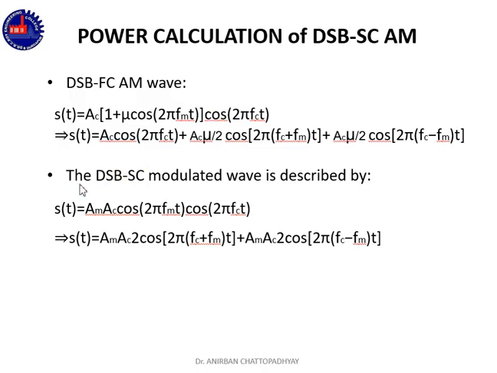Now we also know that the DSBSC modulated AM wave is nothing but the multiplication of the message signal and the carrier signal, AmAc cos 2 pi fmt and cos 2 pi fct. If we simplify this equation, we will get AmAc cos 2 pi (fc + fm)t and AmAc cos 2 pi (fc - fm)t. That means only USB and LSB will remain in the DSBSC signal and the carrier is suppressed.